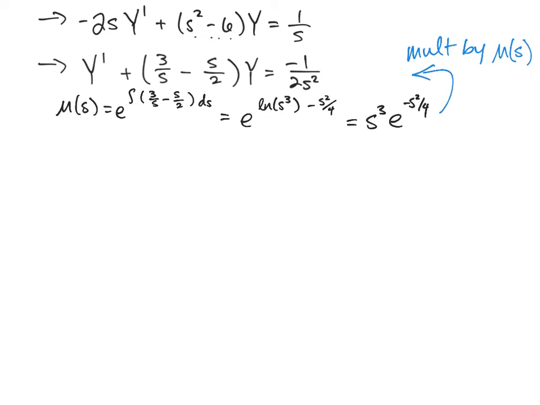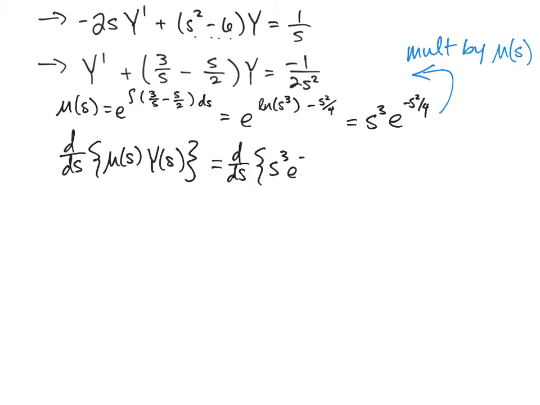So we get d/ds of mu of s times capital Y of s, which is d/ds of s cubed e to the negative s squared over 4 times Y of s, and then it just equals the right hand side times mu of s, so that'll give us negative s over 2 times e to the negative s squared over 4.